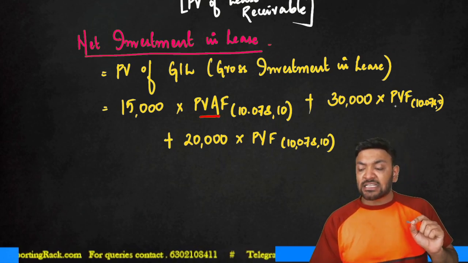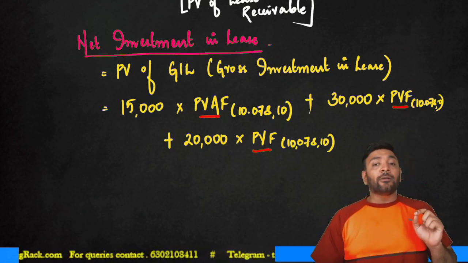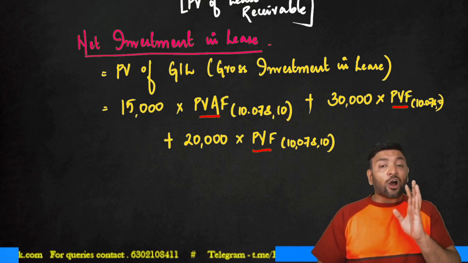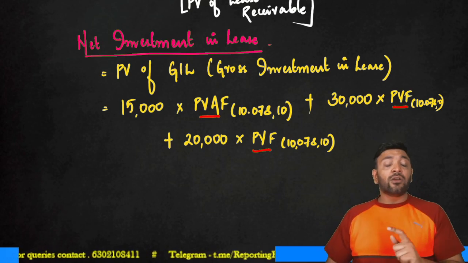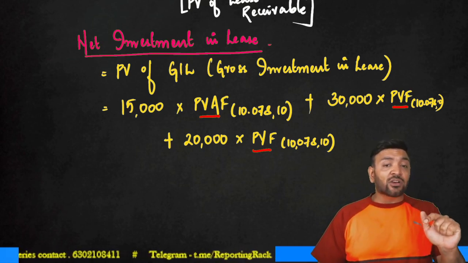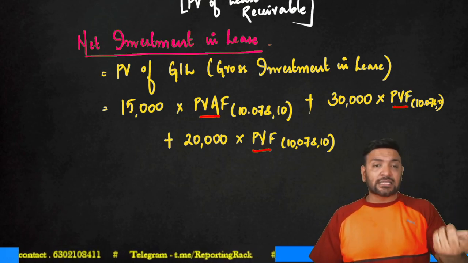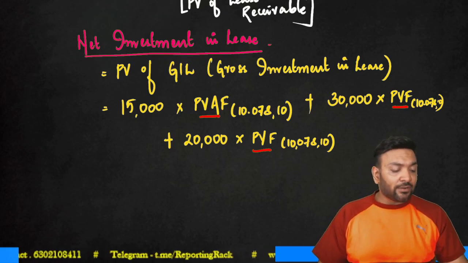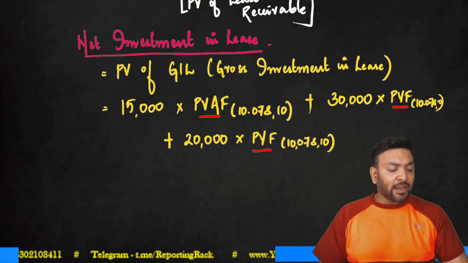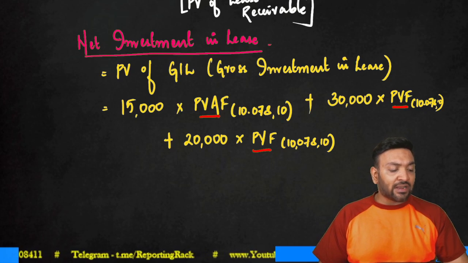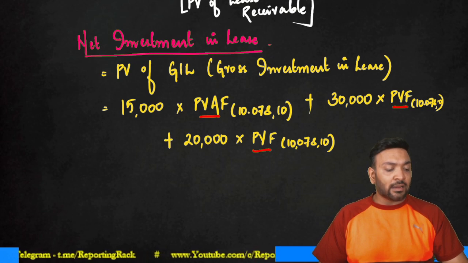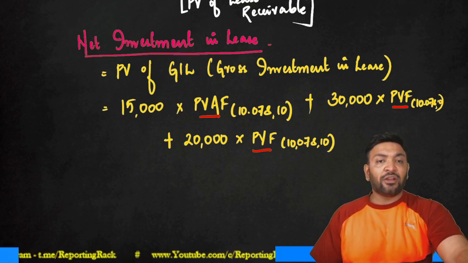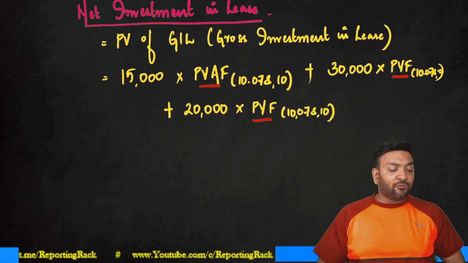In all other cases, I am only taking PVF, because your GRV or UGRV arises only towards the end of the lease term, while your lease payment of 15,000 arises throughout the lease term. So let's calculate 1 divided by 1.078 to the power 10. PVF is 0.472.